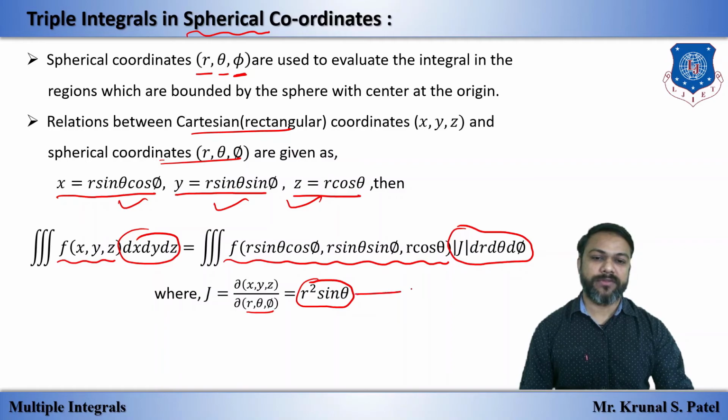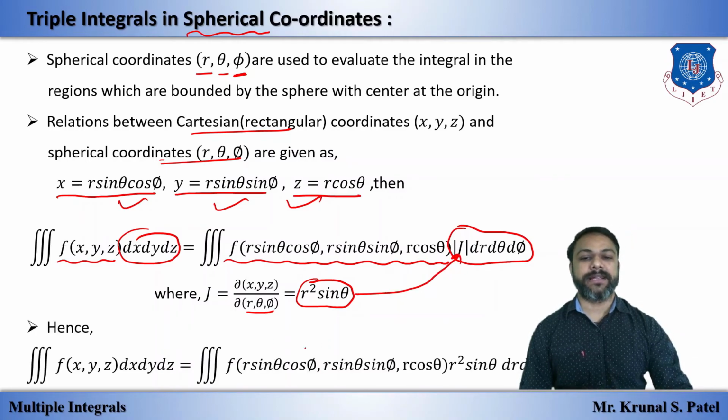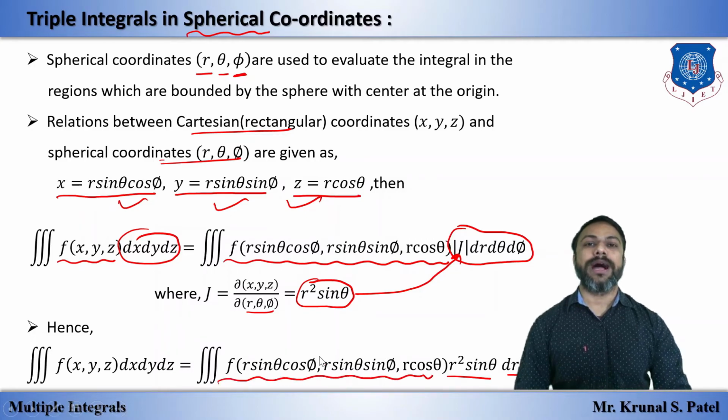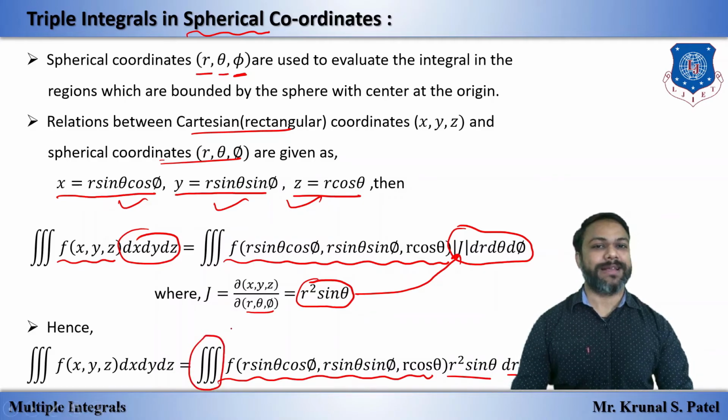So if you put the value of the Jacobian here, we have this integral with r square sine theta and dr d theta d phi. And this is the function which is converted into r, theta and phi. Thereafter, by finding the limits, we can calculate the given example.